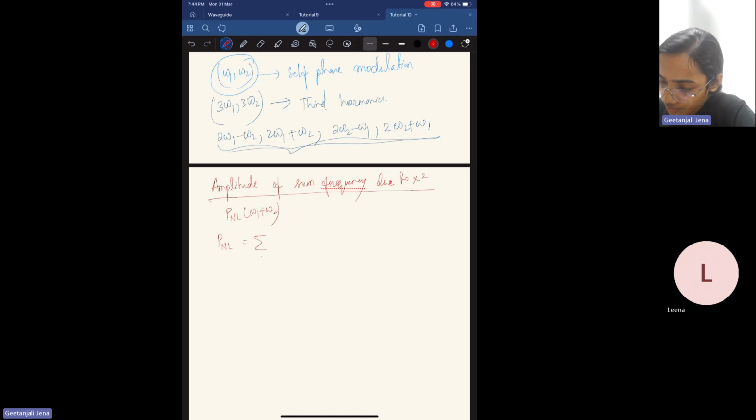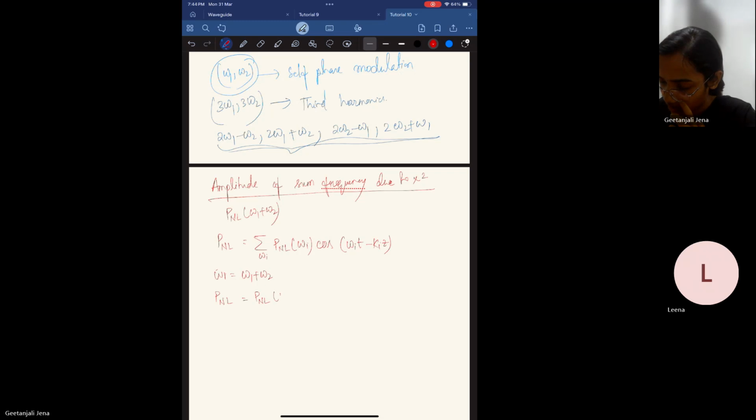It is a summation over omega i, PNL omega i, cos of omega i t minus k i z. So when omega is omega 1 plus omega 2, you can write PNL omega 1 plus omega 2 cos of omega 1 plus omega 2 t minus k1 plus k2 z.